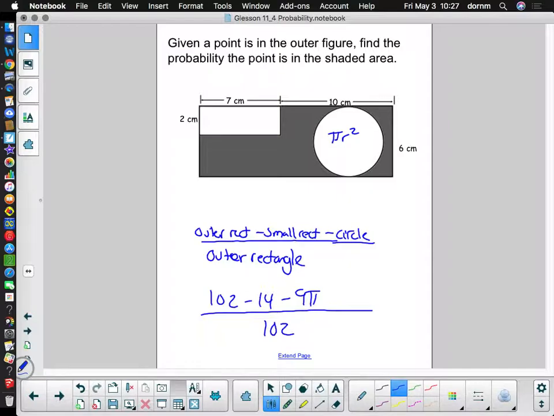And now I have to actually calculate that. I'm going to put this in my calculator. See how the strategy told me what I needed to find. I find the numbers, now I start crunching them in my calculator. 102 minus 14 minus 9 pi is 59.725 whatever. I'm going to divide that by 102. And I get about 0.5855.